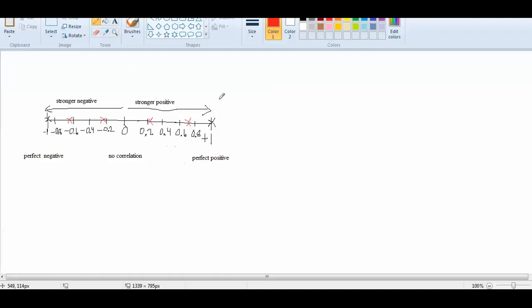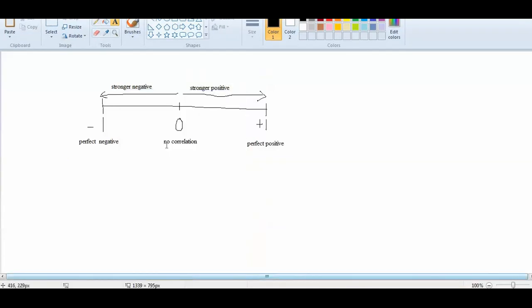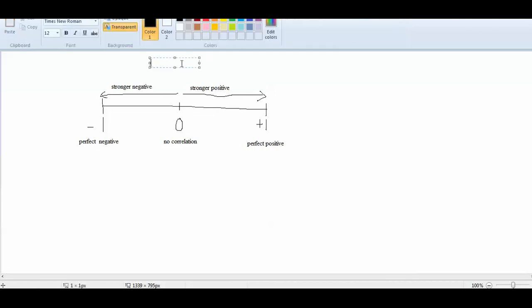And we have the perfect positive and the perfect negative out here at -1 and at +1, which is the farthest from 0 a correlation coefficient can be. And this value that I'm talking about that tells you how strong the correlation is called a correlation coefficient.